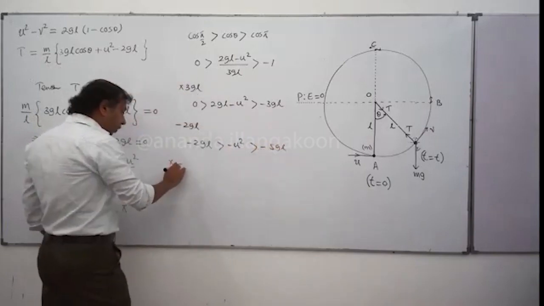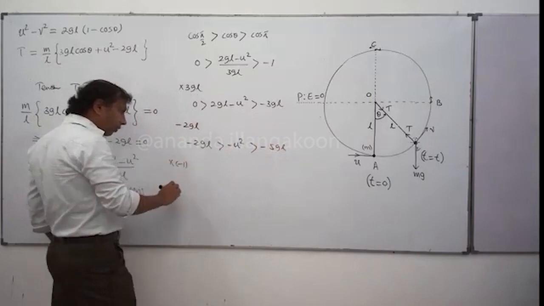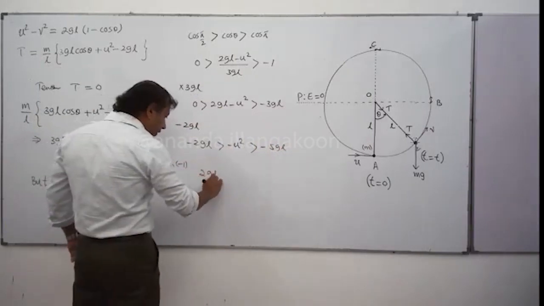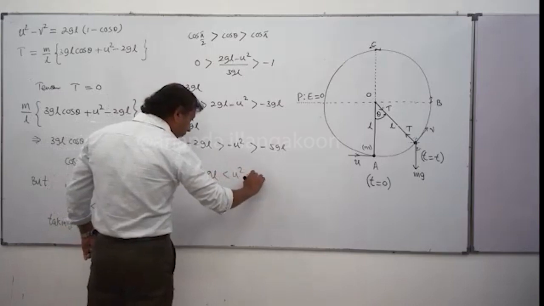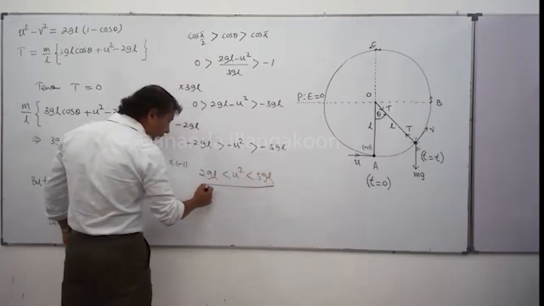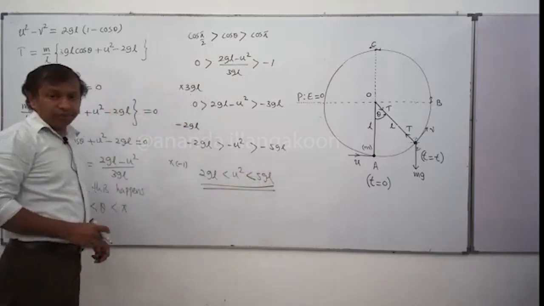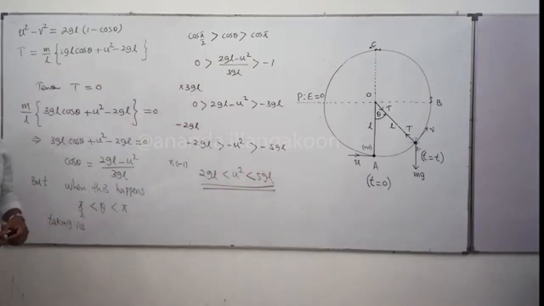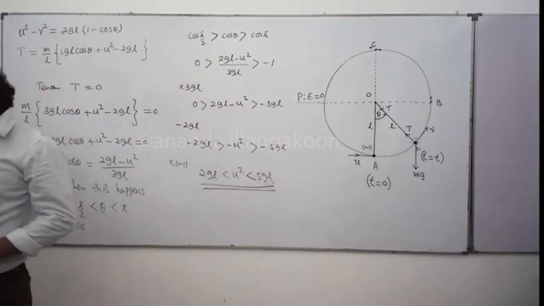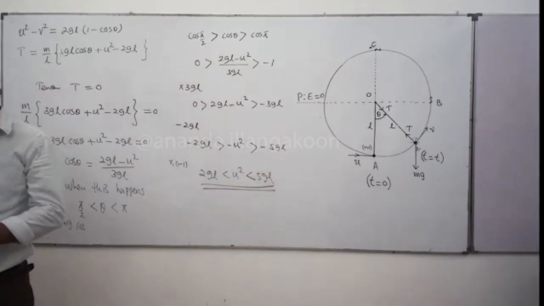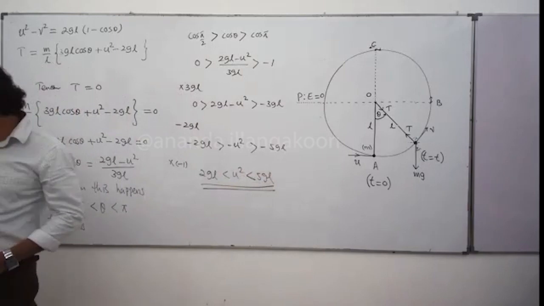Then multiply this by minus sign. Then again the direction gets opposite. Then if this U squared is in this interval, the particle leaves the circle and begins to move under gravity, right, as a projectile motion.